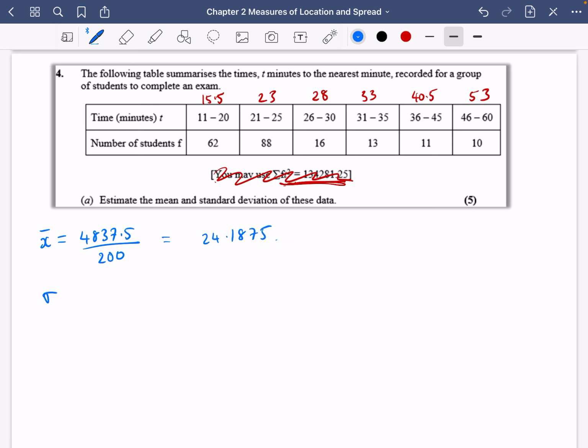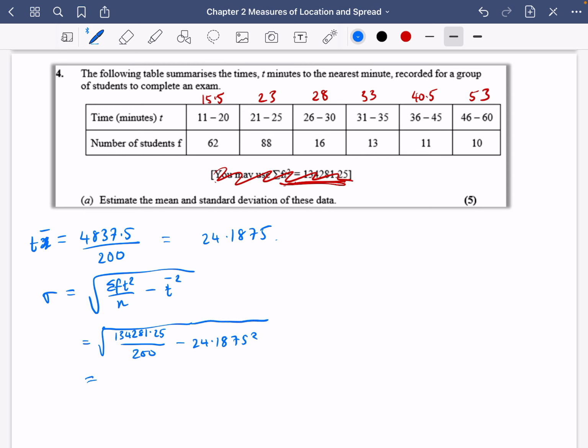Then I'm going to find out the standard deviation, which we know is going to be the sum of ft squared over n minus, I shouldn't have called it x bar, I should have called it t, minus t bar all squared. So again, I can just fill these numbers in. I've got the square root of 134,281.25 divided by 200 minus 24.1875 all squared.